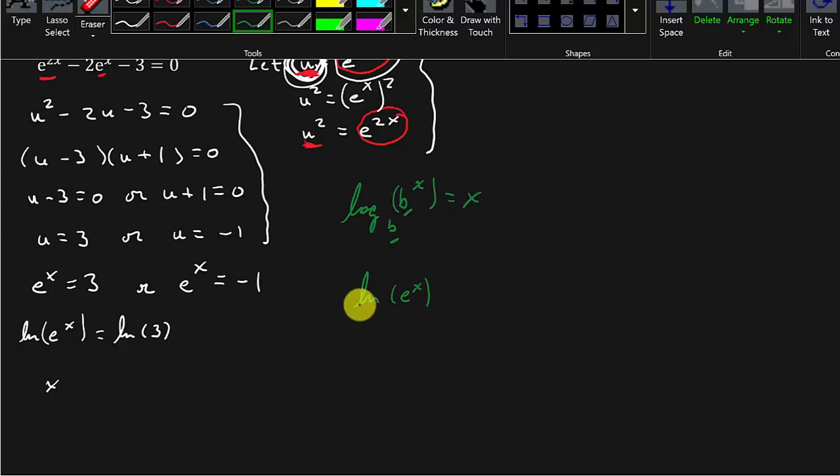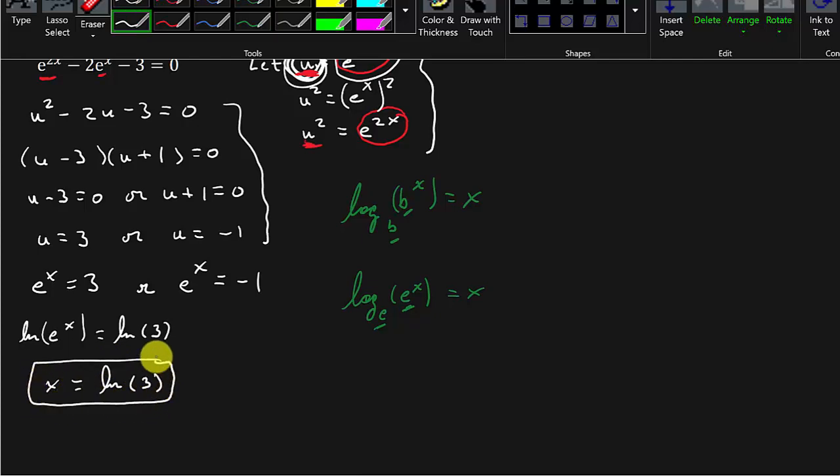Well, remember, natural log is the same thing as log base e. And so you can see this and this are the same, so your answer is x. That's where that x comes from. And that equals natural log 3.